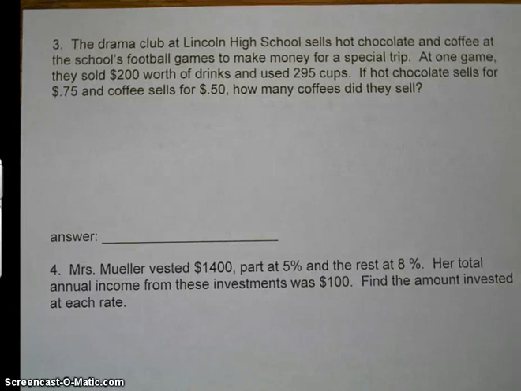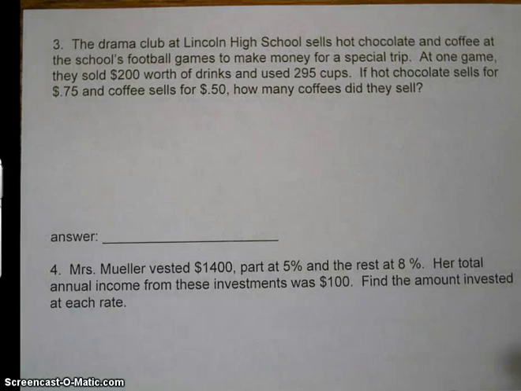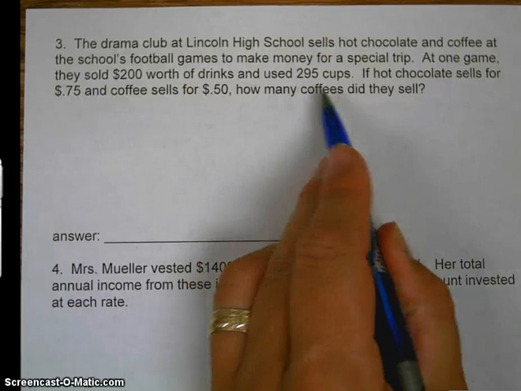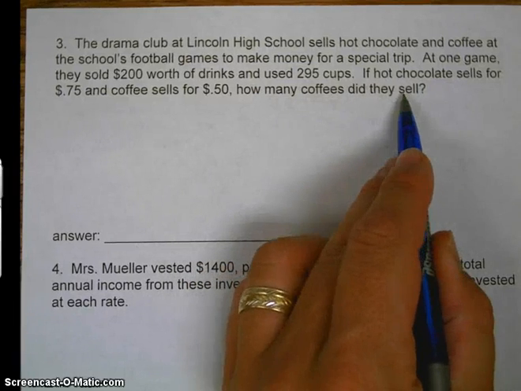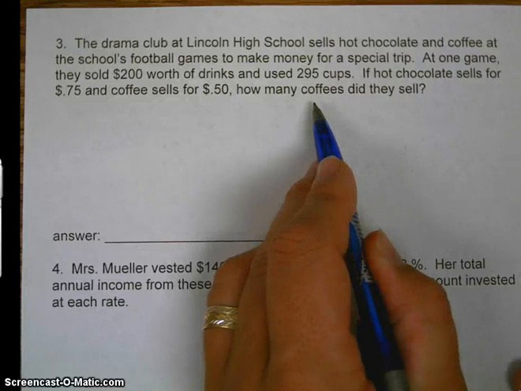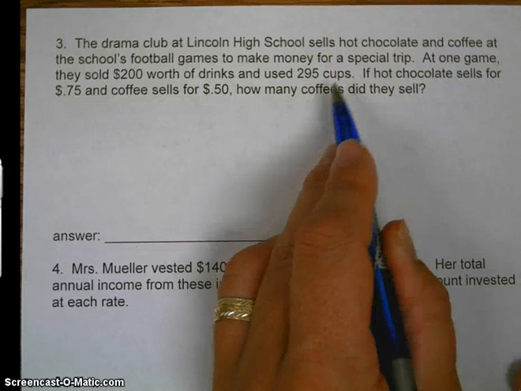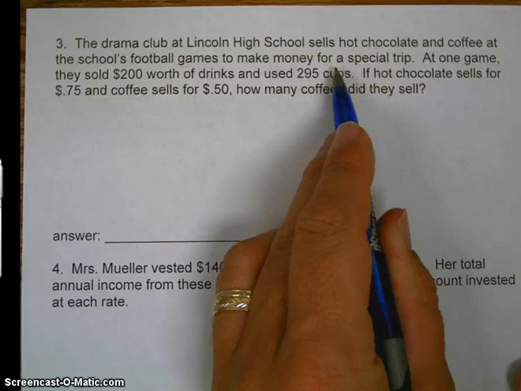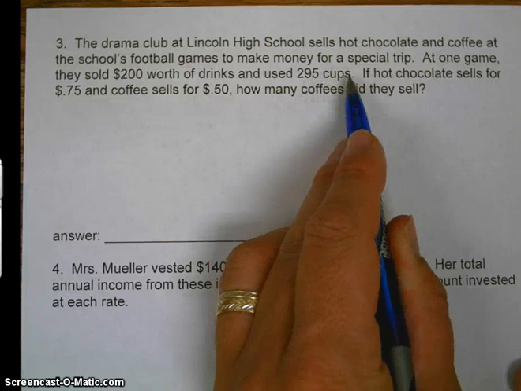Okay, so let's define our variables. What is it that we're looking for? We're looking for how many coffees did they sell. Okay, and how many coffees is represented by cups. See right here, cups. We want to know how many cups of coffee.